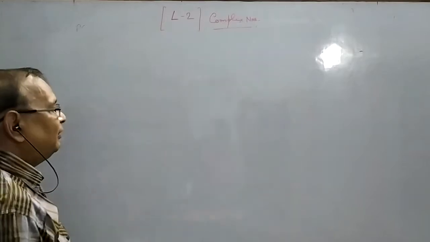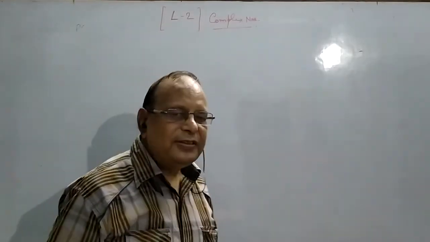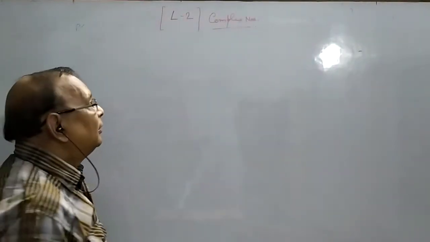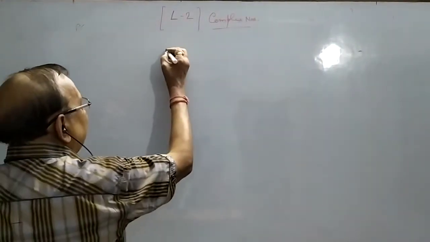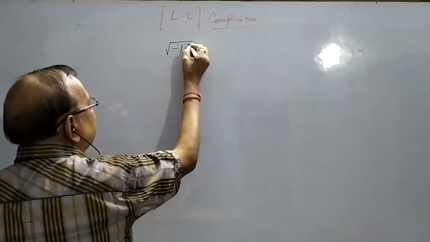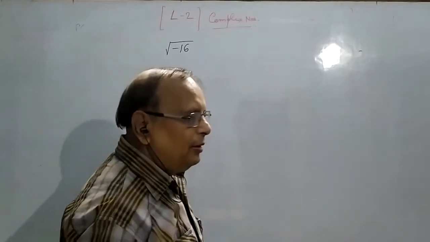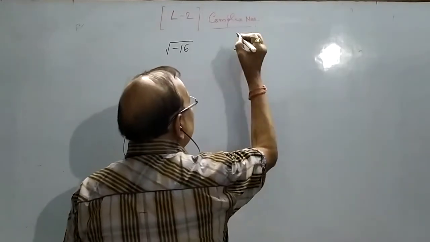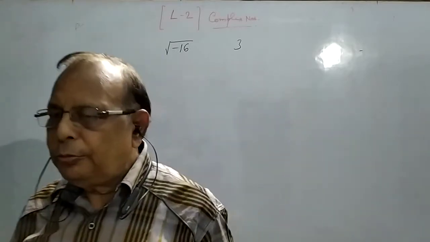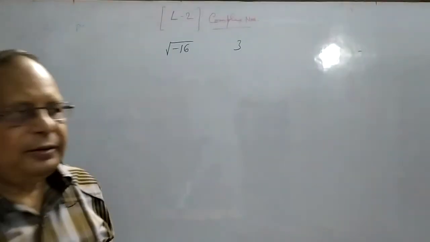In the previous session, we studied real numbers as well as imaginary numbers. As we have seen, square root of minus 16 is an imaginary number. 3 is a real number. A complex number is a mixture of real and imaginary numbers.